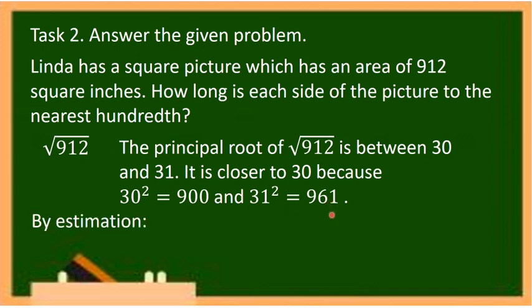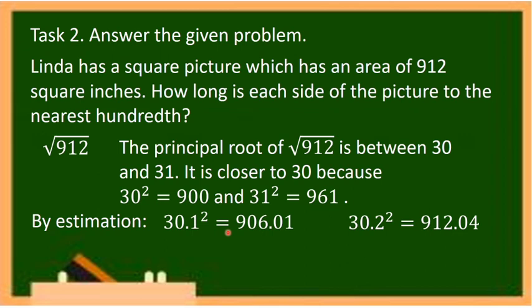By estimation, we choose a decimal number to the tenths place, nearer or closer to 30. So we have 30.1. The square of 30.1 is equal to 906.01. And the square of 30.2, the next decimal number to the nearest tenths, is equal to 912.04.